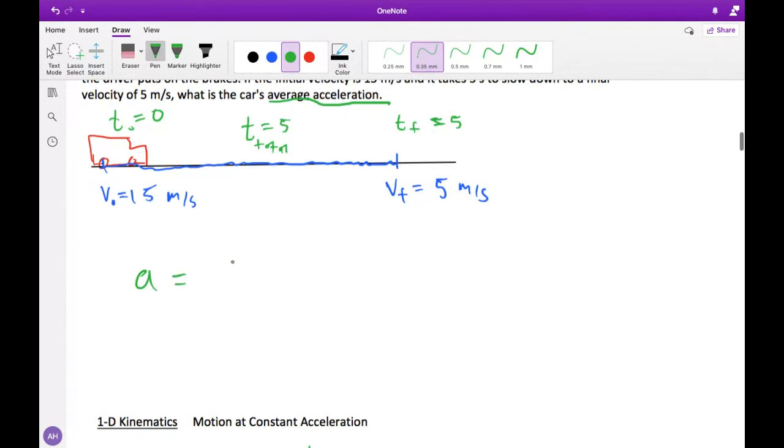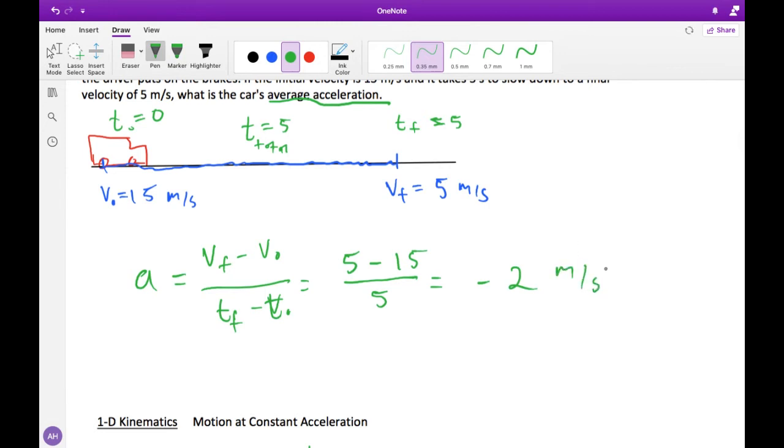So our average acceleration is going to be 5 minus 15, divided by 5.